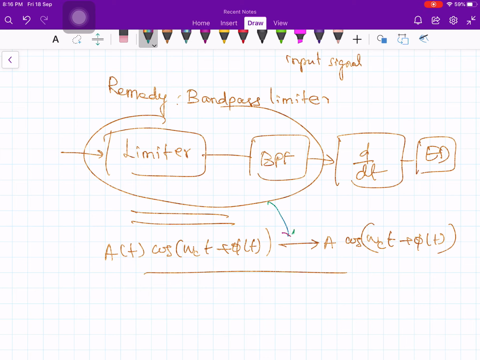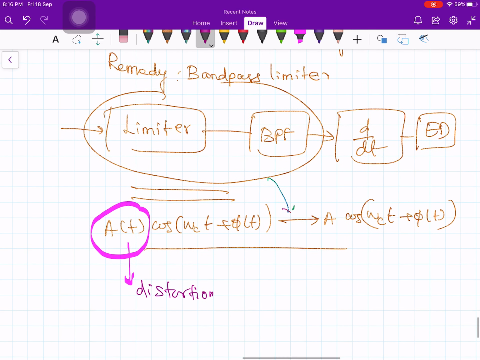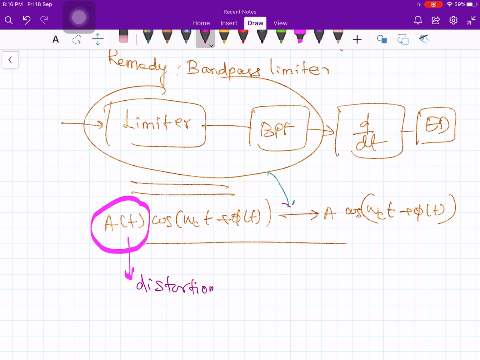Input signals may have some envelope variations, and that envelope variation is denoted by A of t. This envelope variation comes due to distortion, some distortions introduced by the system itself, or noise.